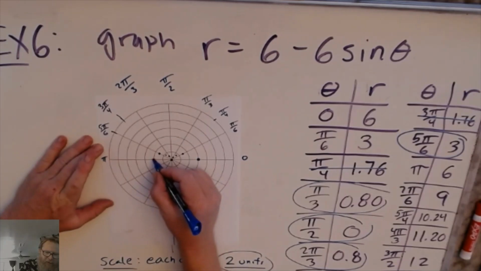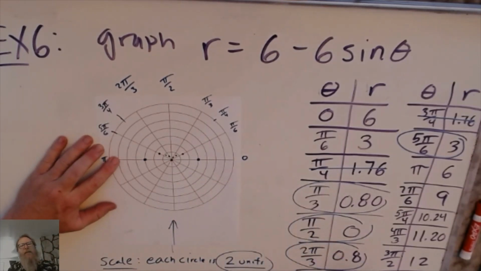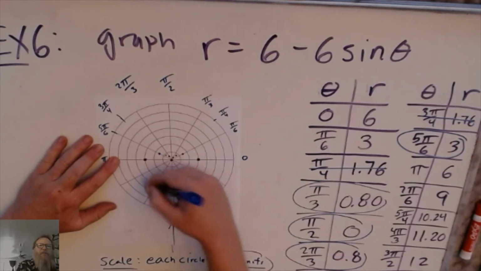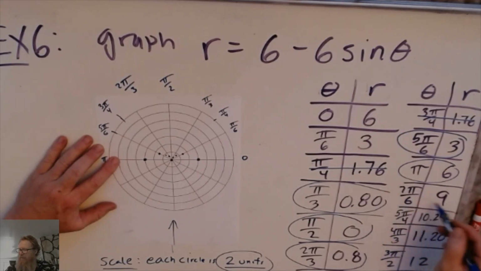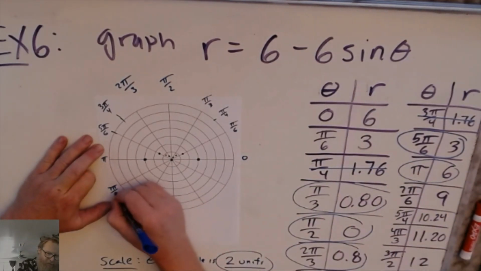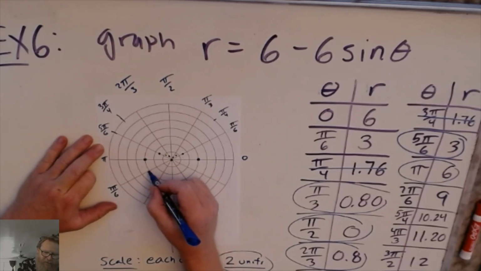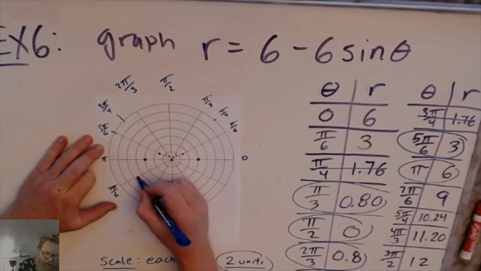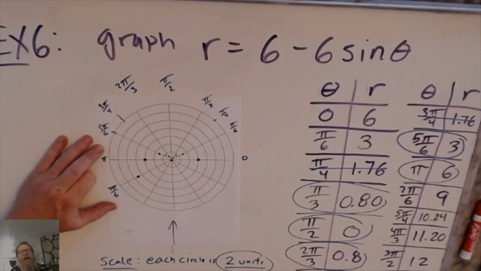I'm counting 2, 4, 6. So each circle is 2 units. 7 pi over 6 and 9. So 2, 4, 6, 8, 9 is halfway between 8 and 10.